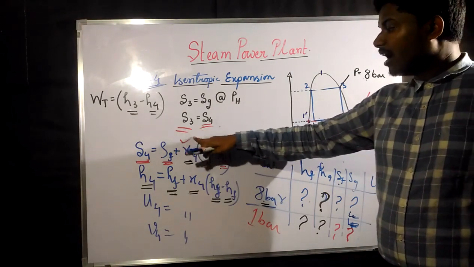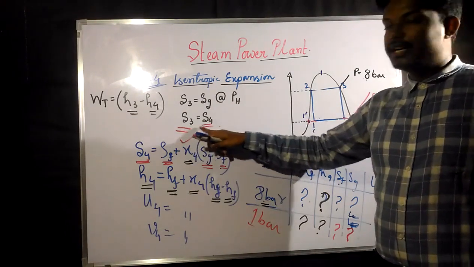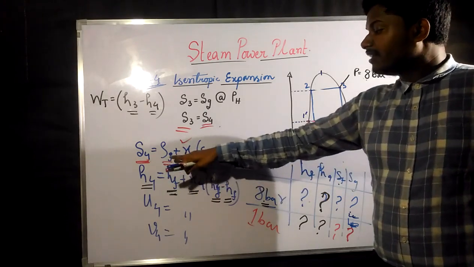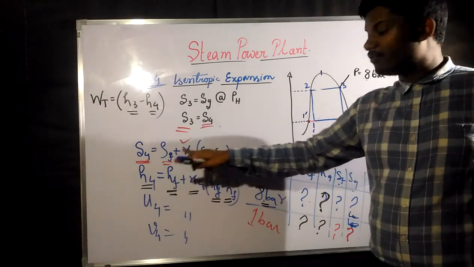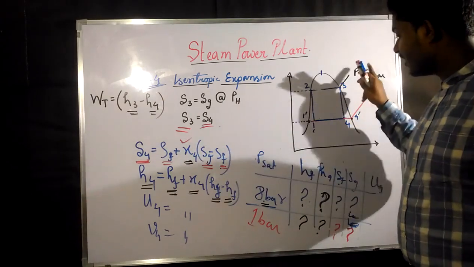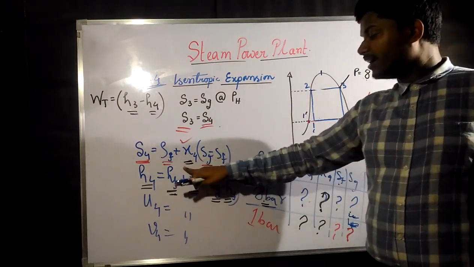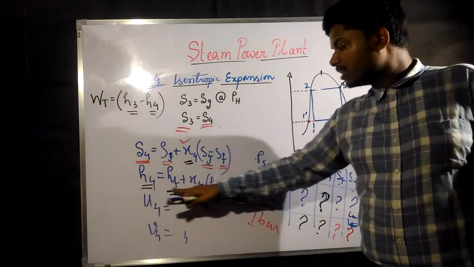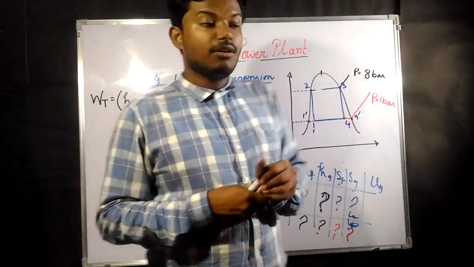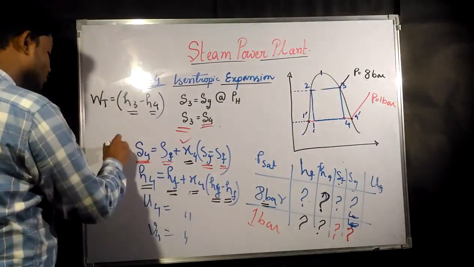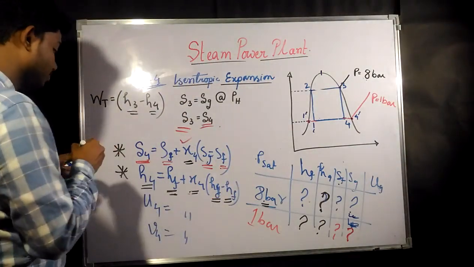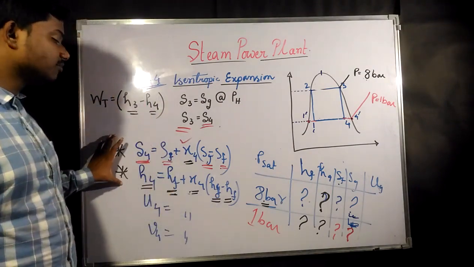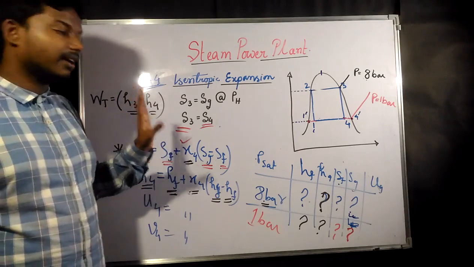I have just told you: by equating the entropies and finding the value of entropy at the fluid line and entropy at the gaseous line at different pressure, you find the dryness fraction, and after you find it, you can put it in these equations. These equations are very important. They should be in your mind all the time while solving questions; you cannot forget them.